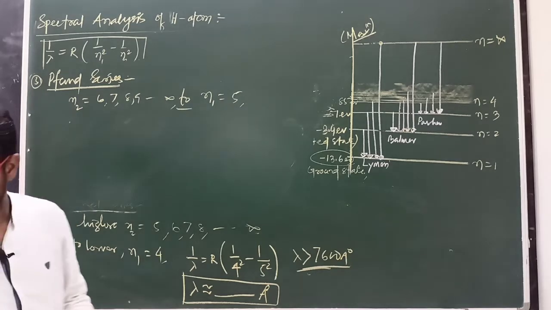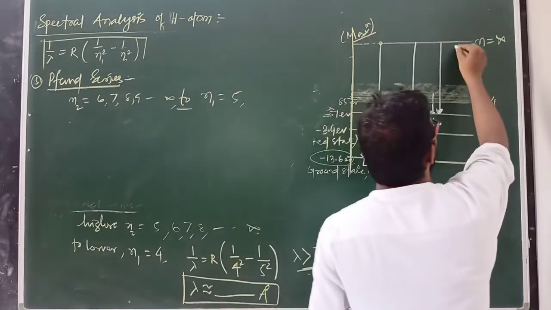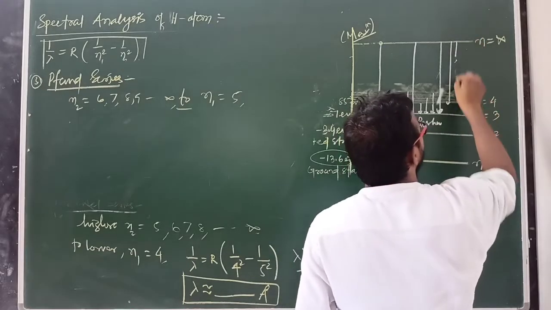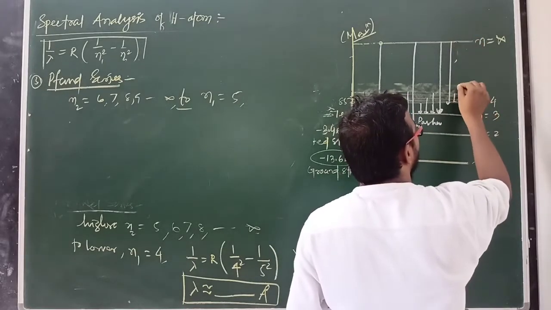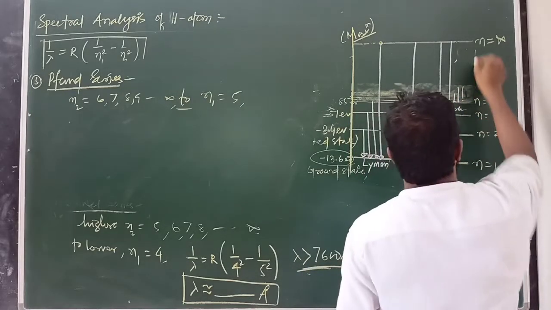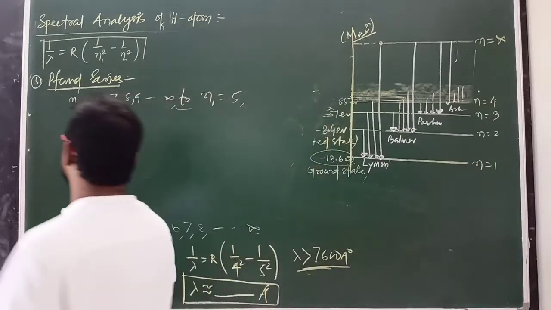Then in this case we can draw the ray diagram: Paschen, this is here n equal to 4, this series is known as Brackett series, and another series here is known as Pfund series.